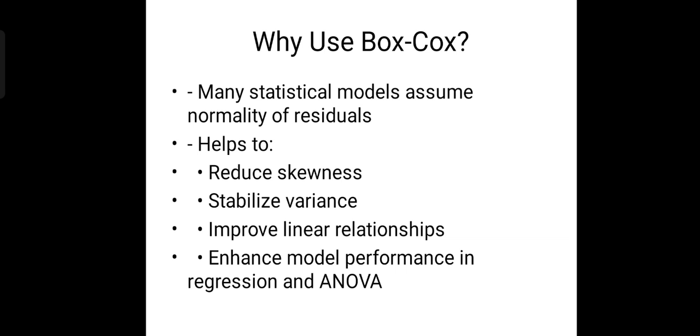There are three main reasons for using the Box-Cox transformation. First one is to stabilize the variance. Stabilizing variance is essential because it ensures that the results of statistical tests are not influenced by variability in data.